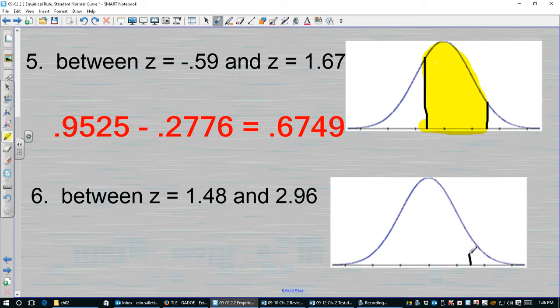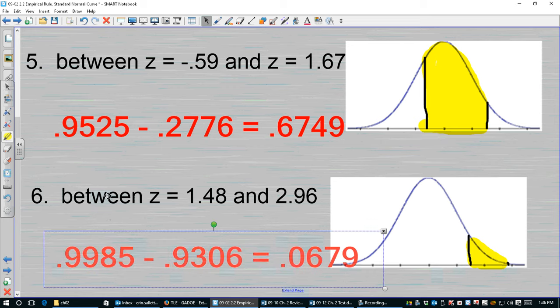And then 2.96. So right up here. So the area between those two. Well, I'm going to take the area that's to the left of this point and subtract from it the area that's to the left of this point. And I'm going to get 0.9985 minus 0.9306 is an area of 0.0679 or 6.79%.